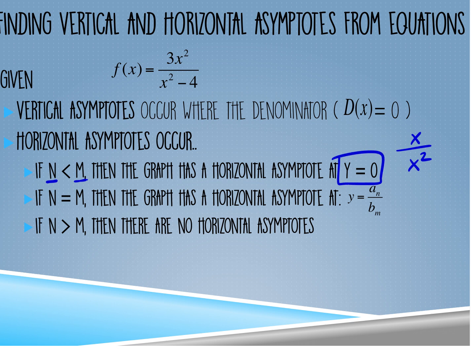If the degree of my numerator is equal to the degree of the denominator, then the graph has a horizontal asymptote at the ratio of the coefficients. So let's say I had 3x squared over 4x squared. If the degree is the same in the numerator and the denominator, we look at the coefficients.